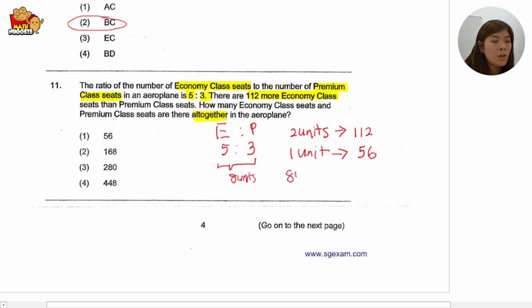So 8 units will be equivalent to 8 times 56, and this gives us 448. 448 would be option 4.